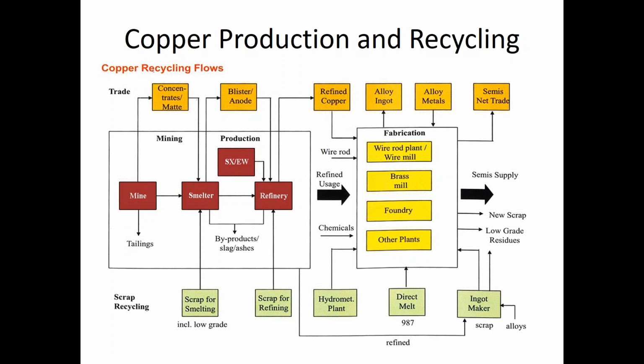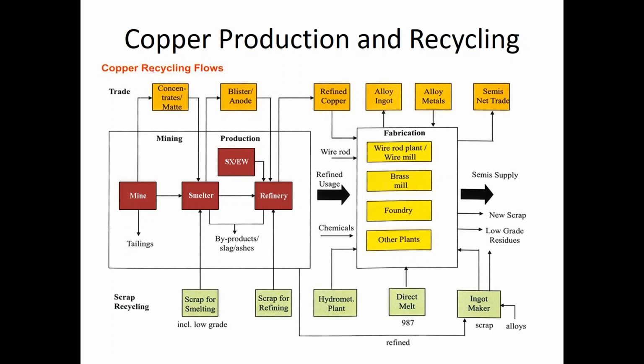It can go straight through what the box called SX or EW, electrowin or solvent extraction. That's a little different path. But the smelter takes the sulfur out, then you take the oxide out, then you go to the refinery, and essentially after all these points, you end up with refined copper.